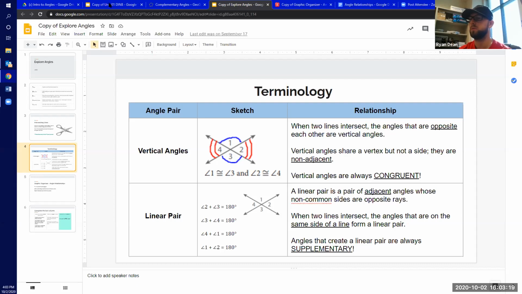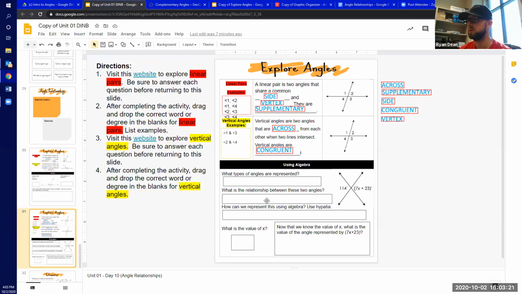So let's see, I think we already filled this in our notebook. Oh, no, we haven't talked about that yet. We have talked about the linear pair and the vertical angles. So right here, using algebra, it says what type of angles are represented. We're talking about the two that have numbers attached to them. So we know that this is a vertical pair.